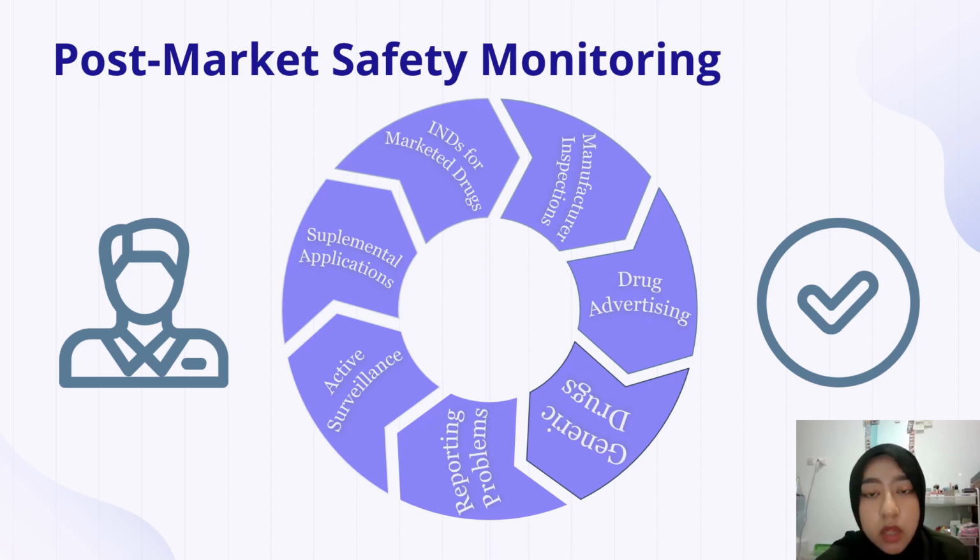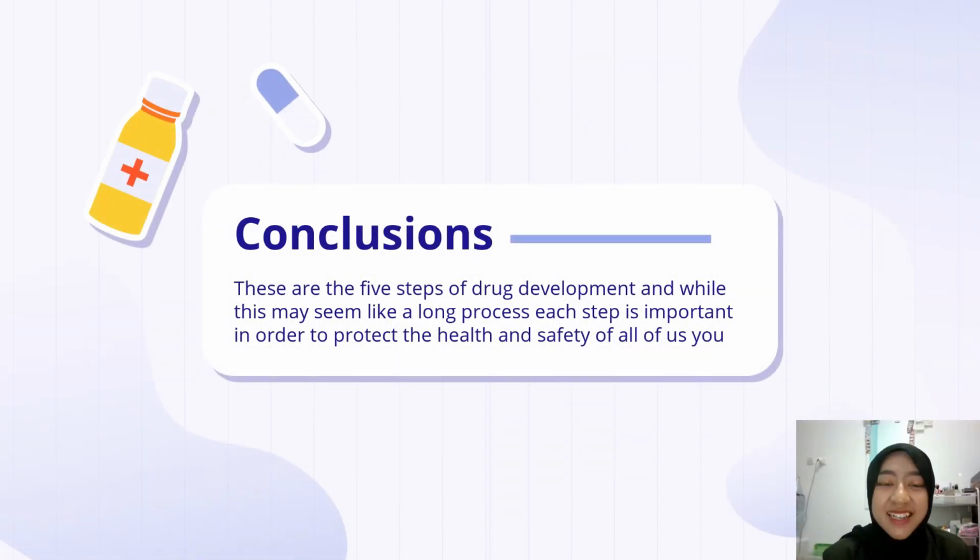The system will use very large existing electronic health databases, like electronic health record systems, administrative and insurance claim databases and registries to keep an eye on the safety of approved medical products in real time. Well, this brings me to the end of my presentation.